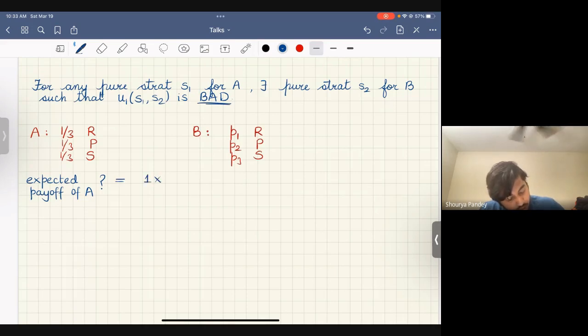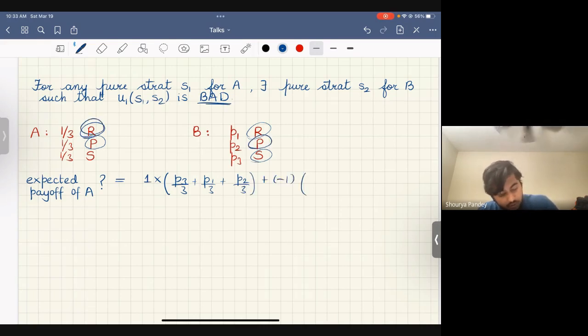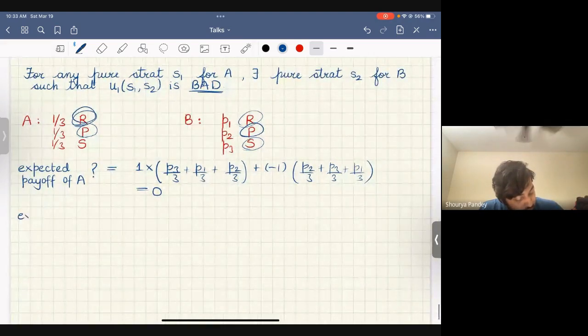It'll win if it gets rock and B gets scissors, so that's P3/3, plus paper against rock, P1/3, plus scissors against paper, P2/3. And it loses when it gets rock and B gets paper, which is P2/3, plus P3/3 plus P1/3. And note that this is 0, right? Because the probabilities add up to 1. And the expected payoff of B is also 0.